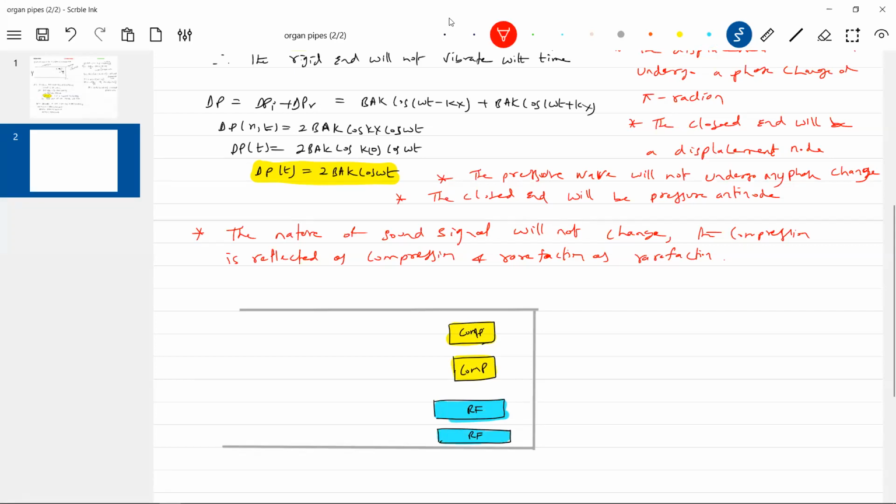Now what will happen is, the compression will be reflected as compression. This is the incident, this is the reflected. And the rarefaction which arrives will be reflected as rarefaction. This is at the closed end.